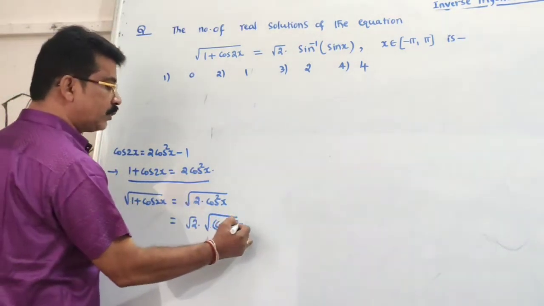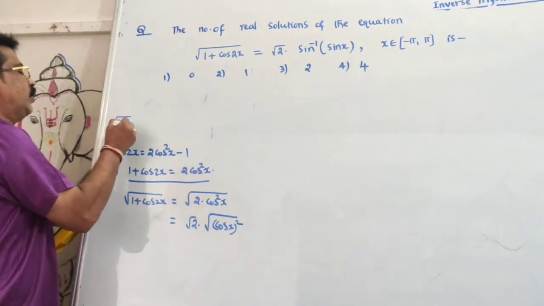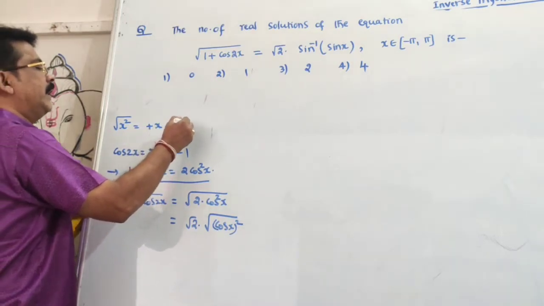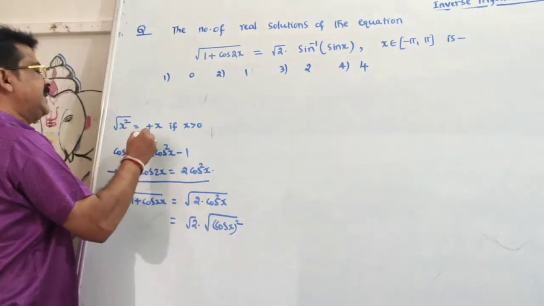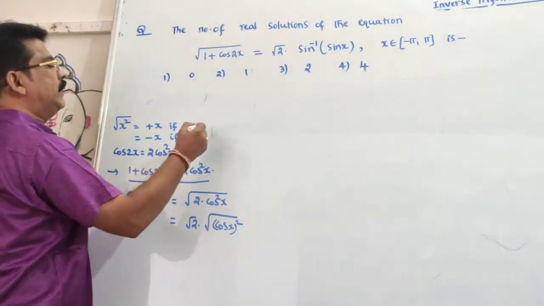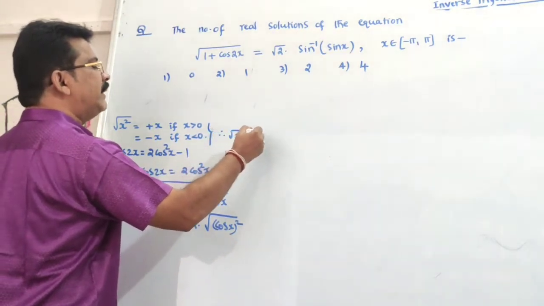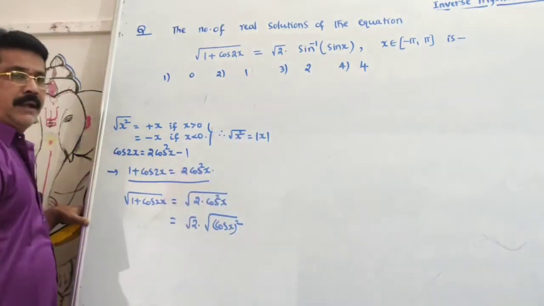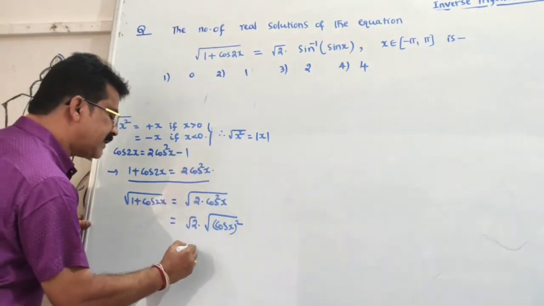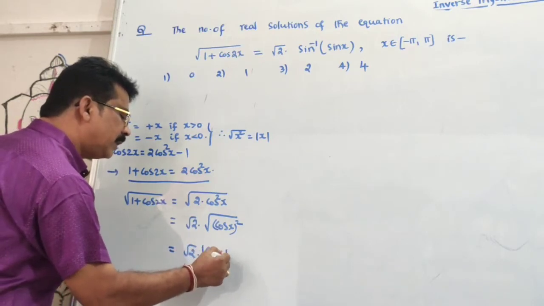Don't cancel the square root. It is wrong, because, as I already said, square root of x square is equal to plus x if x is positive, and equal to minus x if x is negative. So root of x square is equal to modulus of x. In the same sense, it is root 2 into modulus of cos x.